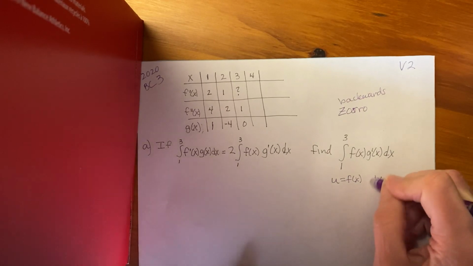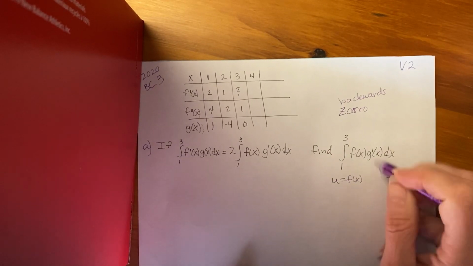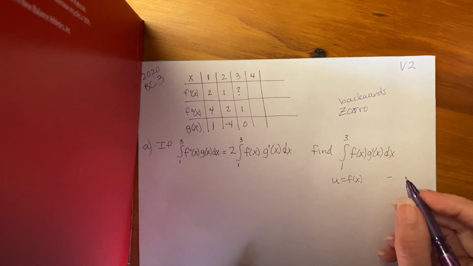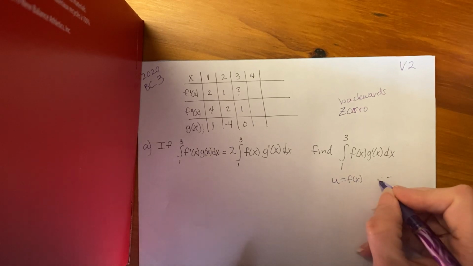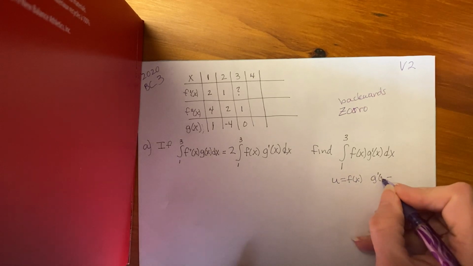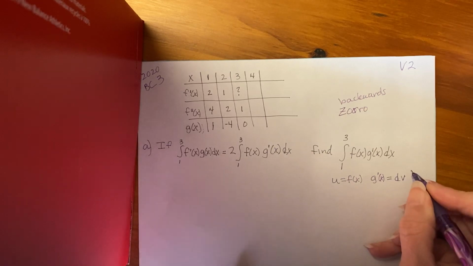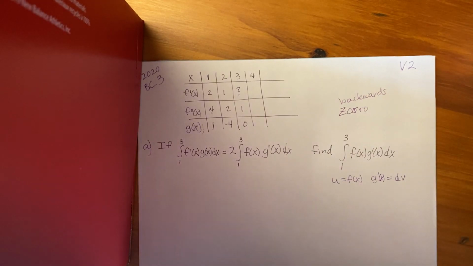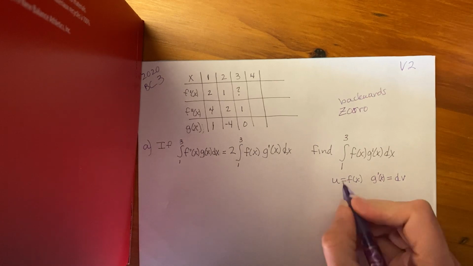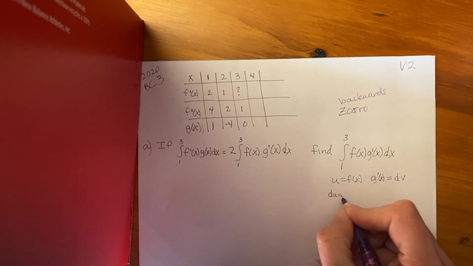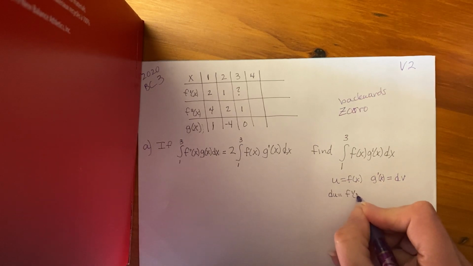Sorry, I wrote it in the wrong order from what I normally do. We'd say g prime of x is dv, right? And then we take the derivative on this side, so du equals f prime of x.